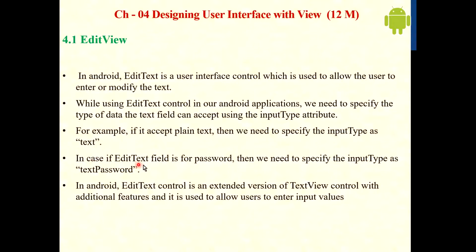In case the edit text field is for a password, then we need to specify the input type as textPassword. So according to our requirement, we specify the attribute of edit text. In Android, edit text control is an extended version of text view control with additional features, and it is used to allow the user to enter input value. So this is about edit text.